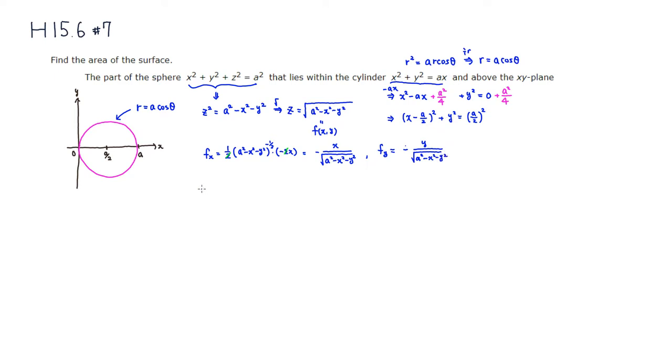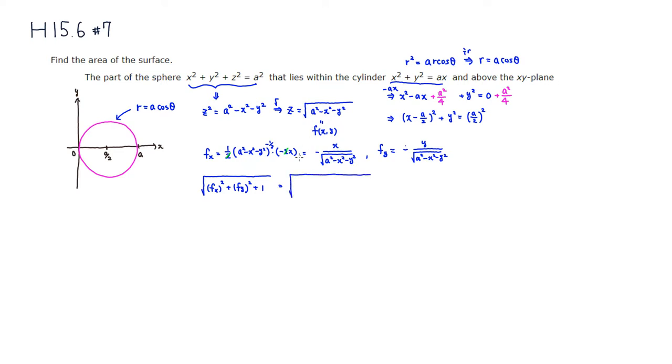Then if you compute the integrand for the surface area, we have to square the partial with respect to x, plus the partial with respect to y squared, plus 1, all under a square root.